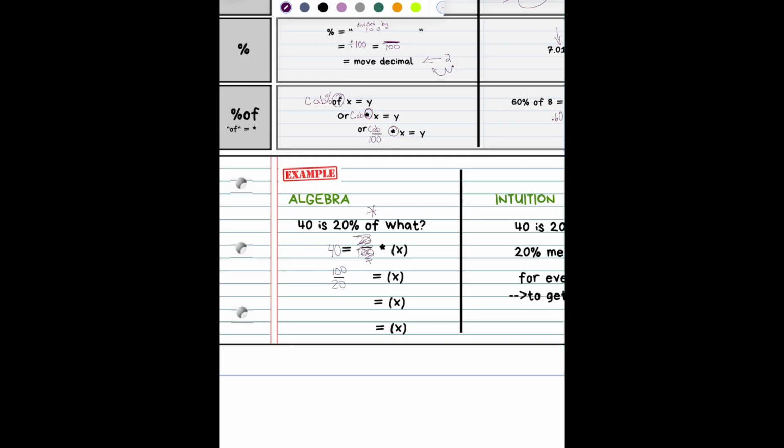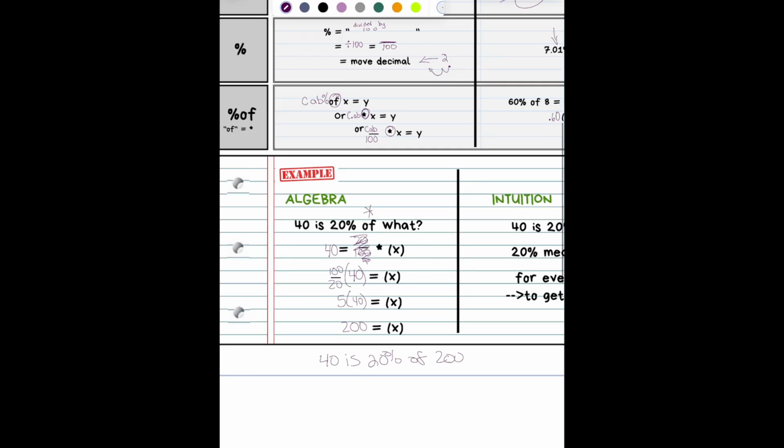Now I can get this off this side. It's to the other side. Okay. So another name for 100 over 20 is simply just 5. 5 times 40. And 5 times 40 is 200. So 40 is 20% of 200.